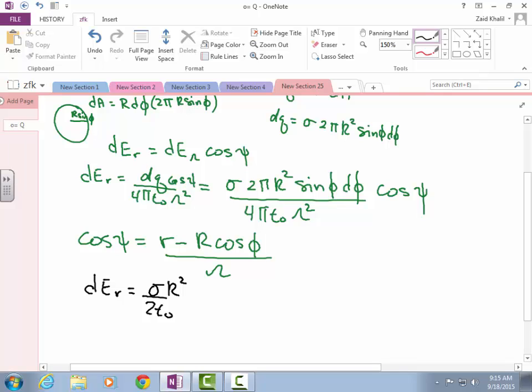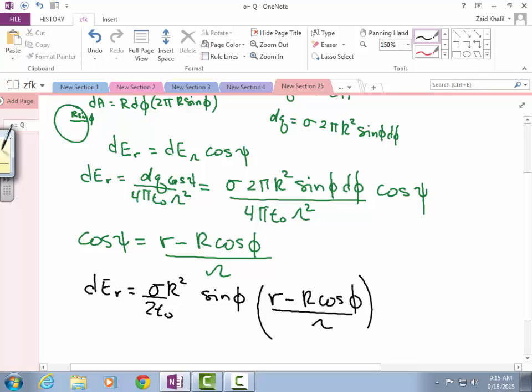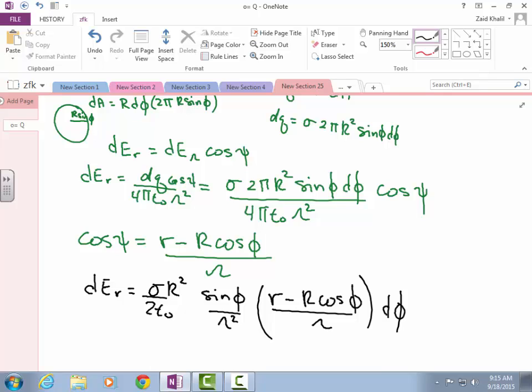And then we have sine phi times this factor, r minus r cosine phi over script r, and then we have a script r squared, and then we have a d phi. You just plugged into that for the cosine and then canceled. Yeah, did a little bit of cancellation.